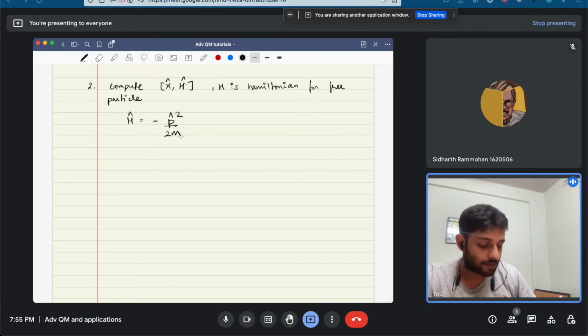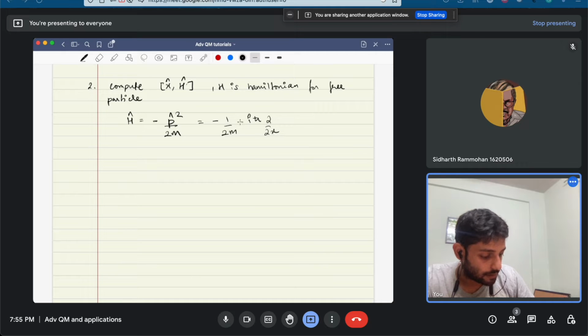And as we have seen in the previous question, the p operator can be defined as minus i h bar del by del x, so p squared by 2m is minus 1 by 2m into i h bar del by del x whole square.